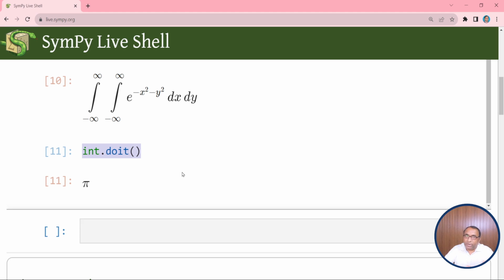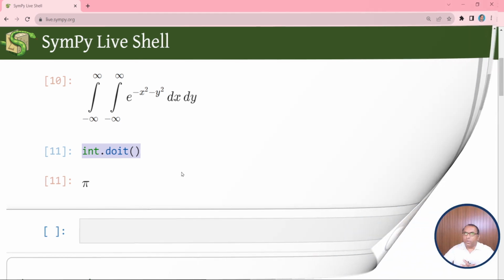So in this way we can use SymPy for integration, definite as well as indefinite, whether it is a single integration or a double integration, and we can also use it for triple integration, which we will use when we start Python.